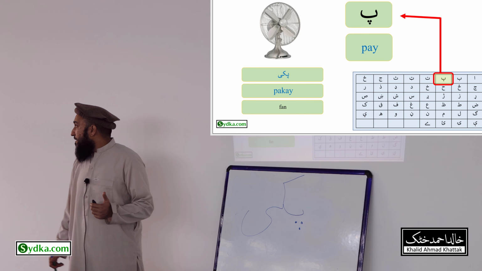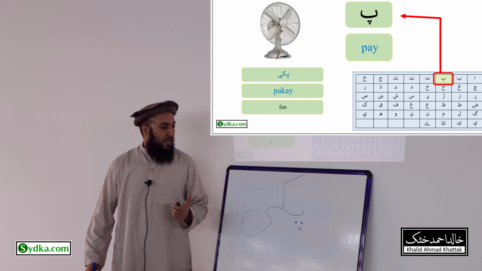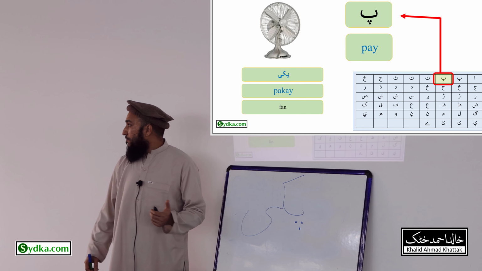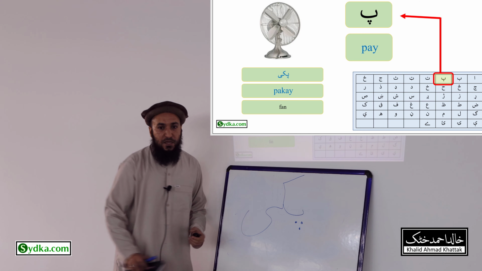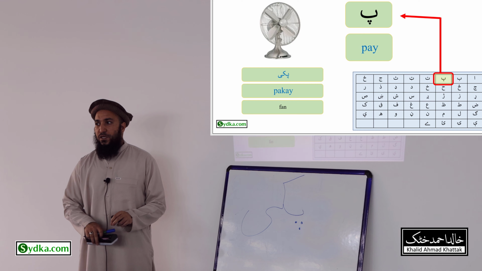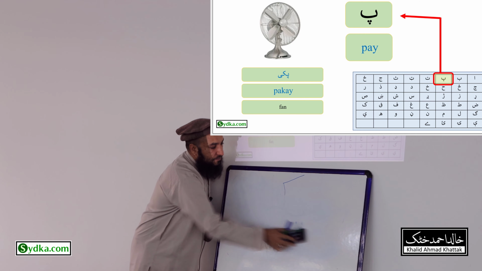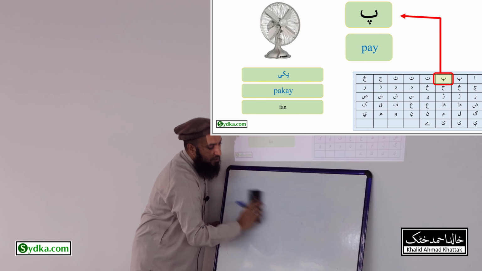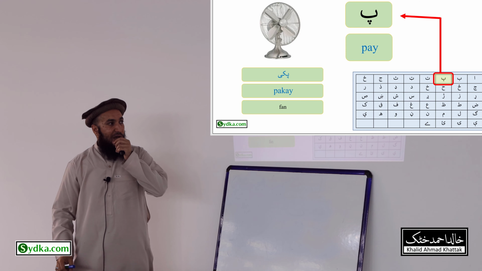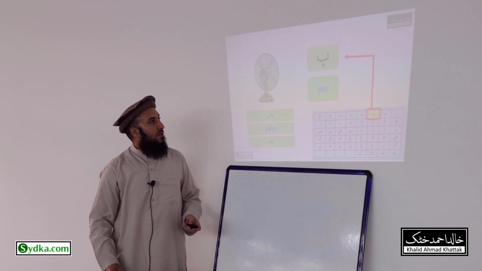So pake is standard, and pake is local. Finished? Good. So from next week, everybody has to bring pen and pencil, okay? And you have to remember these words as well. It depends how many we do this week.